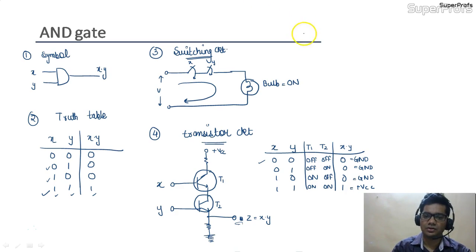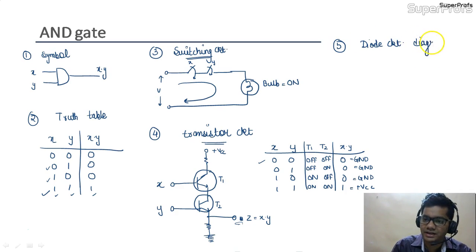There is one more circuit possible, which we are going to discuss here, which is the diode circuit diagram. So in the diode circuit diagram we have to represent the AND gate. Let us connect the diodes.